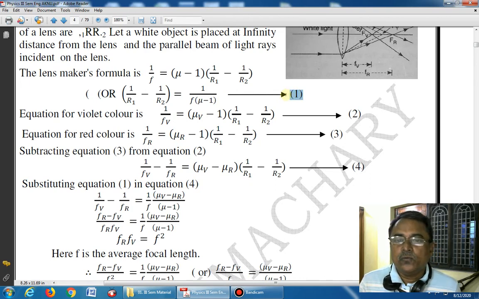Similarly, we can write the same lens maker's formula for different colors. Here I am taking only two colors, to avoid confusion.